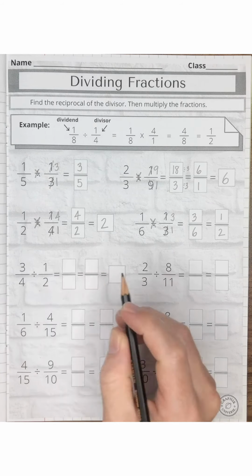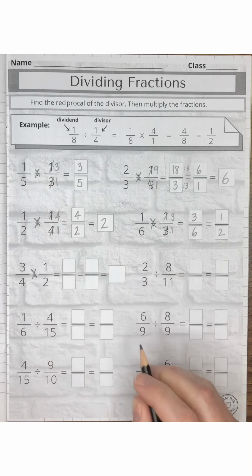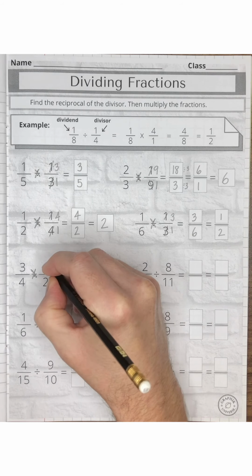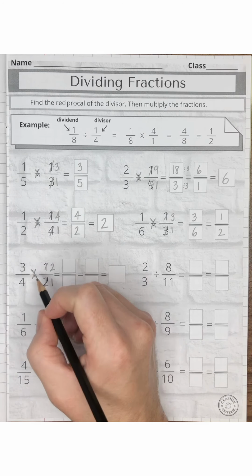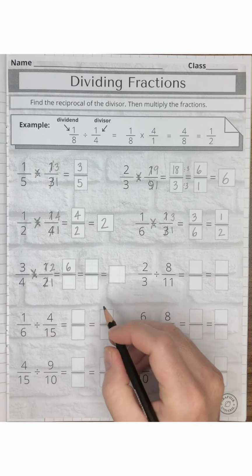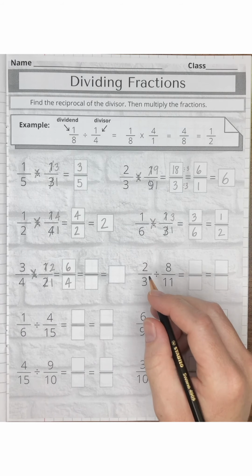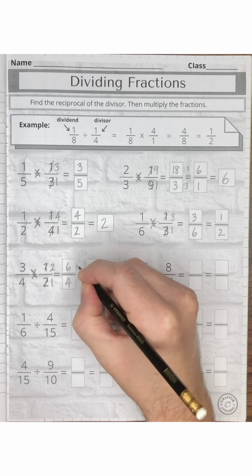3/4 divided by 1/2. We will change the symbol to multiplication. We will find the inverse of the divisor. We multiply. 3 times 2 is 6. 4 times 1 is 4. We can simplify.